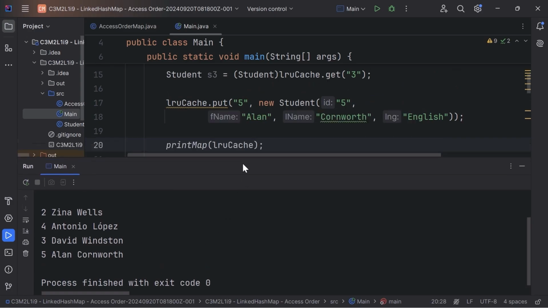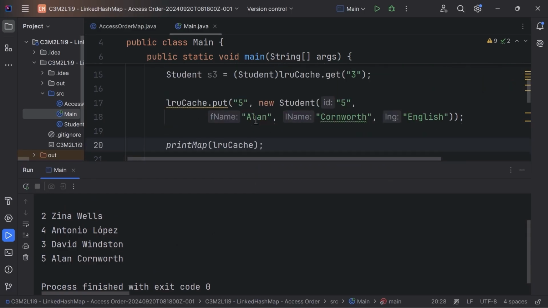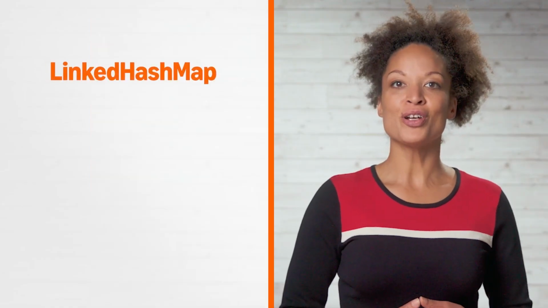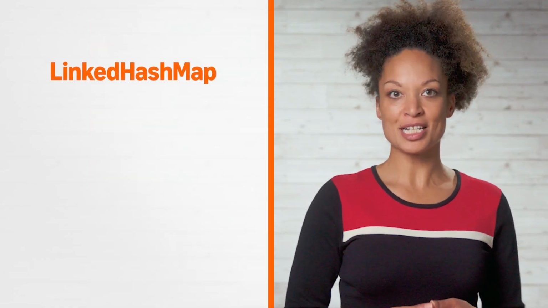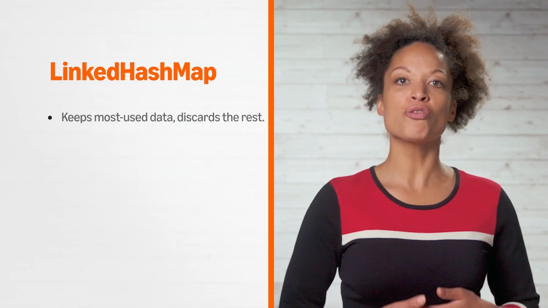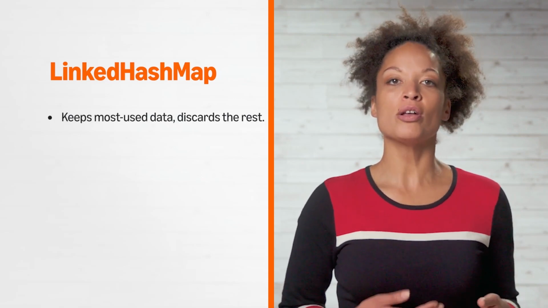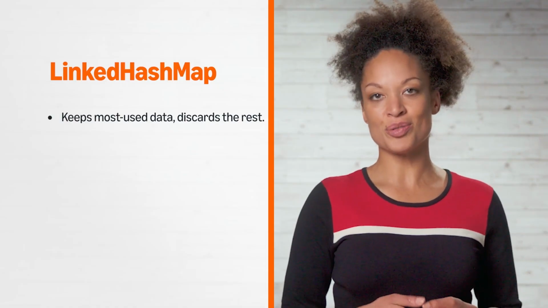The most recently used objects are preserved at the end, while the least recently used are ready to be removed from the front. In this video, you've learned how an access order LinkedHashMap prioritizes the most frequently used entries while automatically discarding the least used ones.